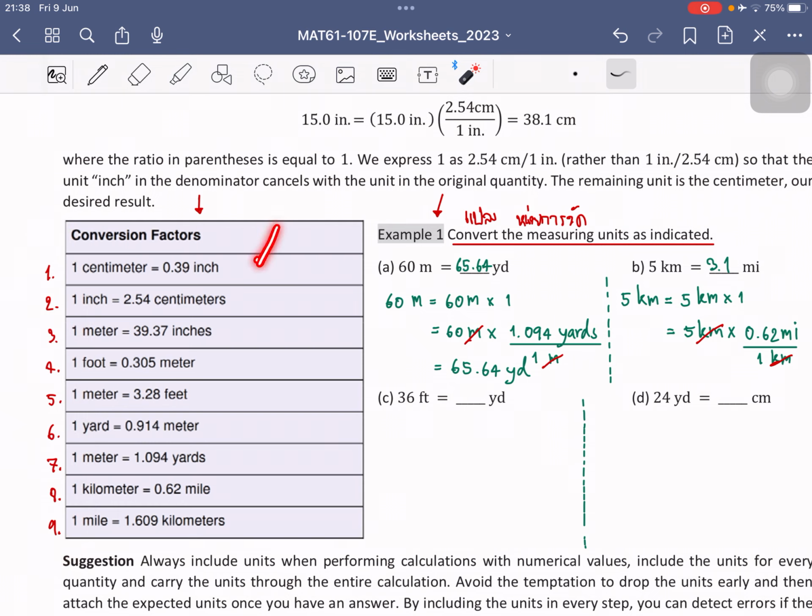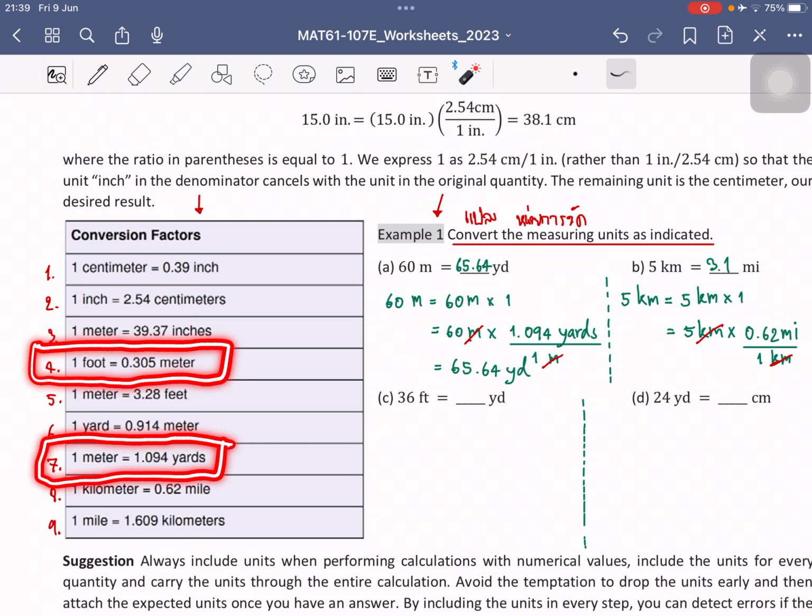ในตารางนี้มันไม่มีการแปลงจากฟีตเป็นยาร์ดโดยตรง ภาษาไทยใช้ฟุตทั้งพหูพจน์และเอกพจน์ แต่ผมจะแปลงจากฟุตเป็นเมตร and from meter to yard.